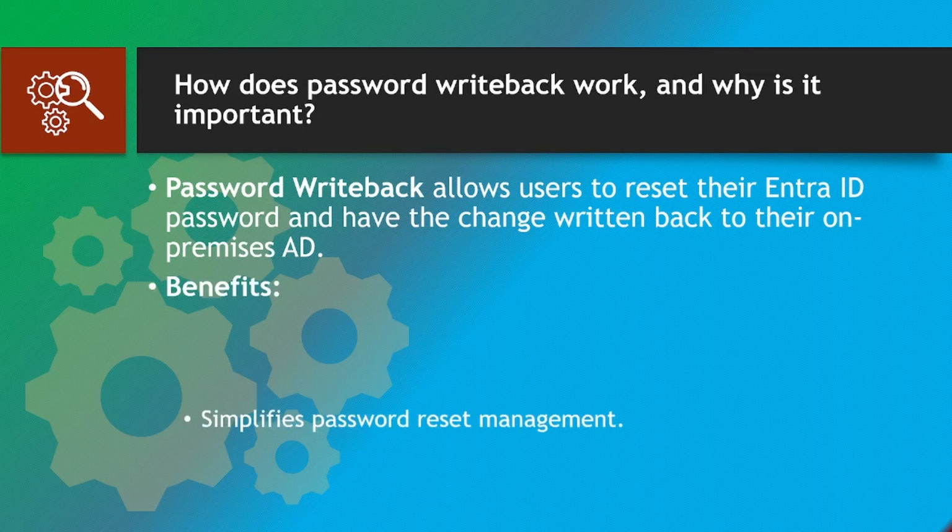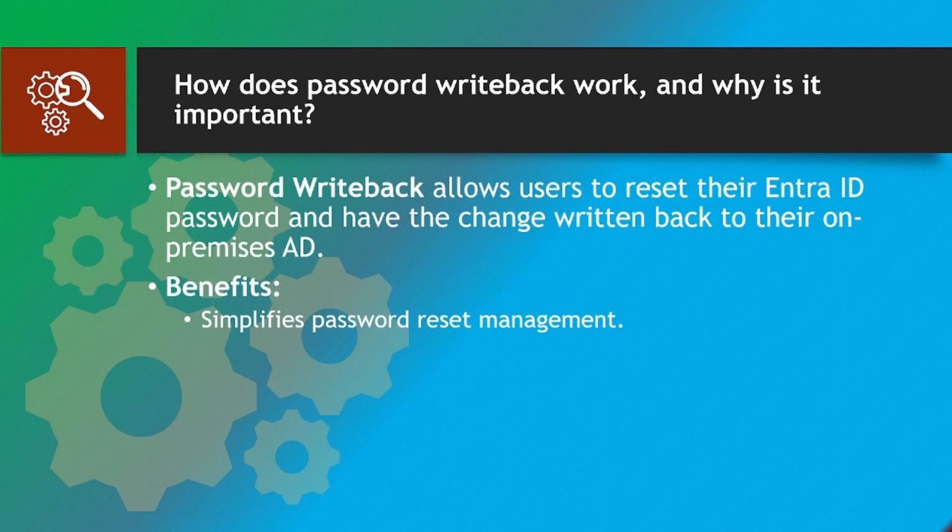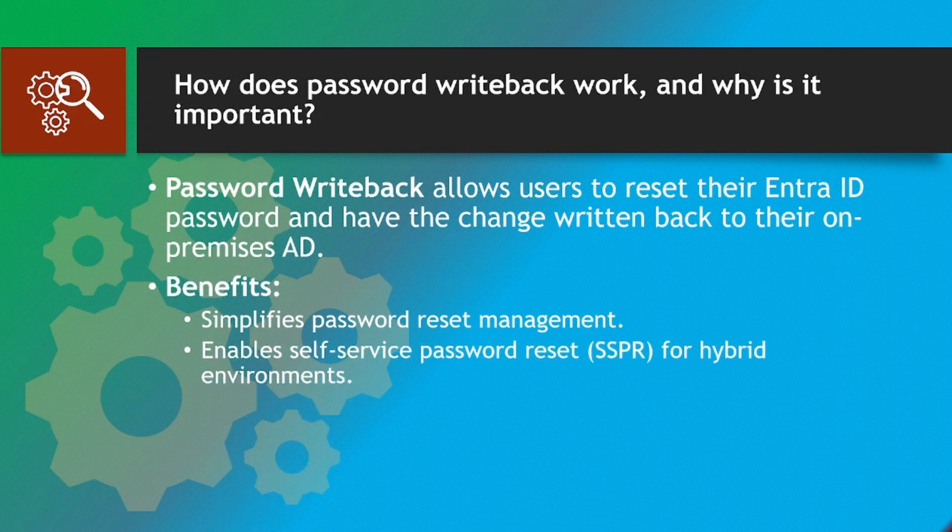Now the benefits: it simplifies password reset management, enables self-service password reset (SSPR) for hybrid environments, and reduces help desk dependency. So these are the three benefits of using the writeback mechanism.